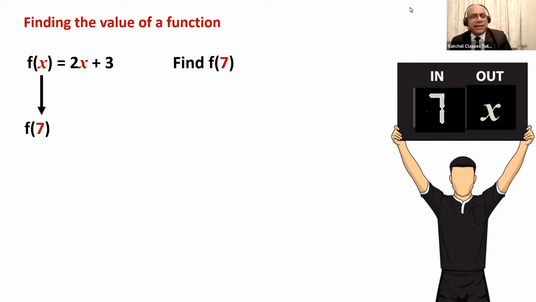And if I replace x with 7 on the right hand side, you'll get 2 times x, which is 2 times 7 in this case, plus 3. How much is 2 times 7? That's 14, plus 3 gives you 17. So f of 7 is 17, right? It's easy to find the value of any function. All you need to do is replace the input variable, which is x, by that specific number.